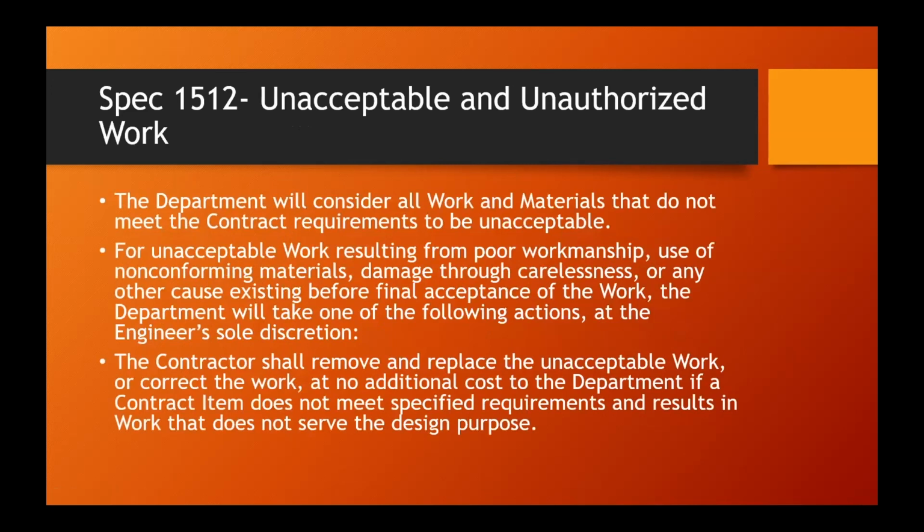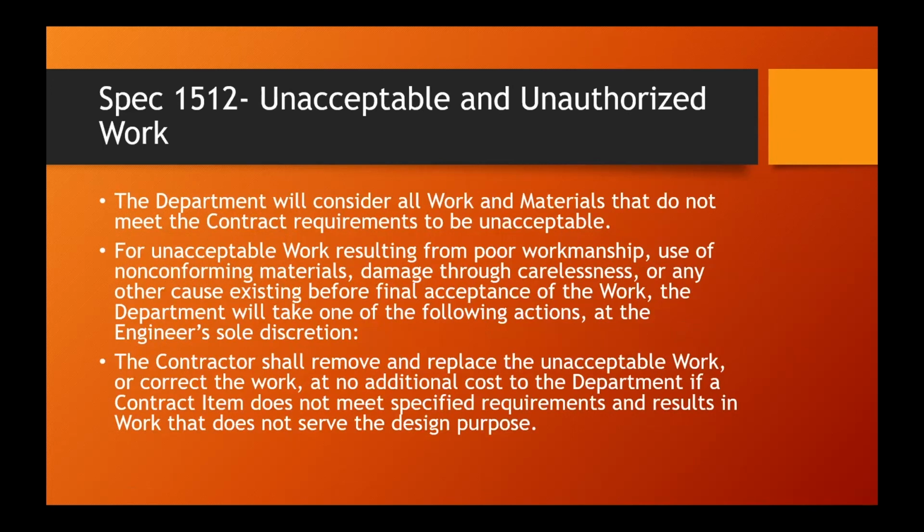Now 1512, unacceptable and unauthorized work. We talked a little bit about this before. Work and materials that do not meet the requirements will be unacceptable. Unacceptable work results from poor workmanship, use of non-conforming materials, damage through carelessness, or any other cause existing before final acceptance of the work.